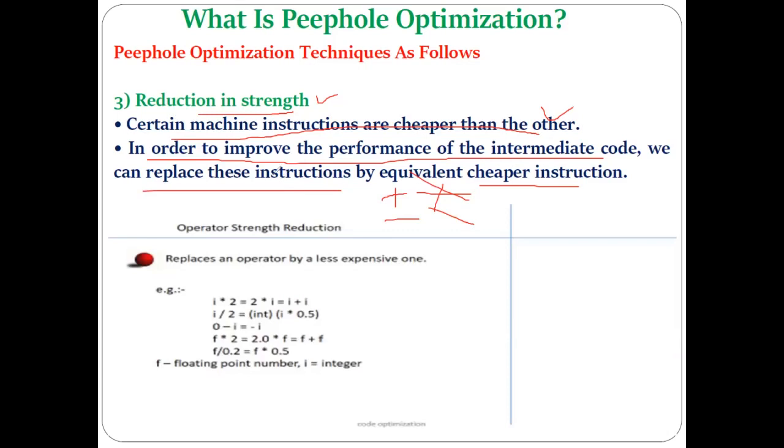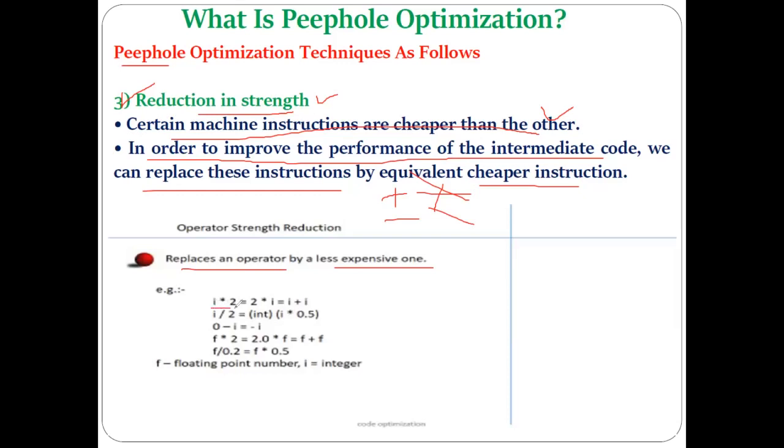Understood? As I said, peephole optimization can be performed before the target code generation also. So this is the technique performed before the target code generation as a part of peephole optimization, where we replace a costly operator by a less expensive operator.